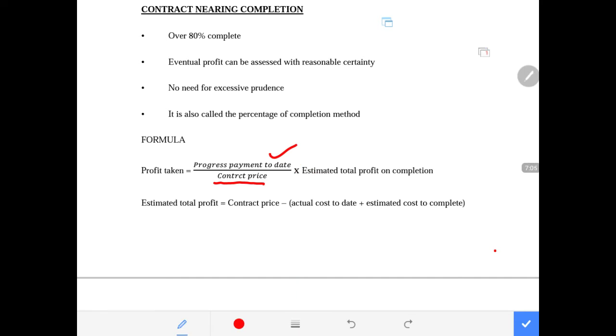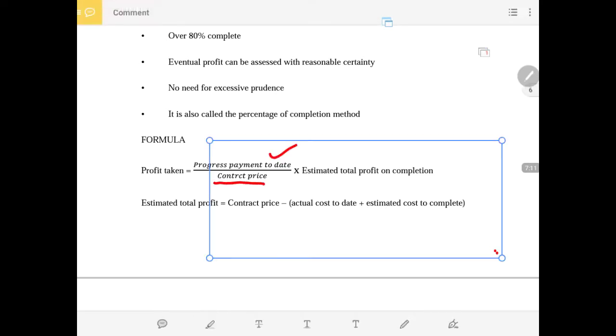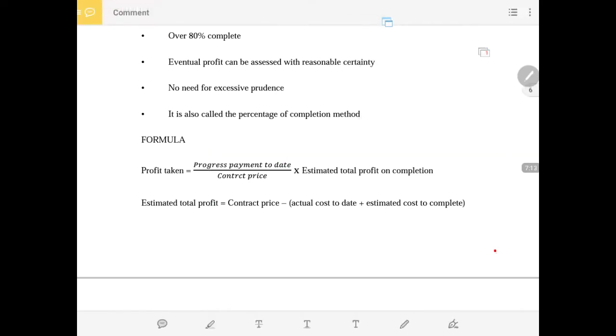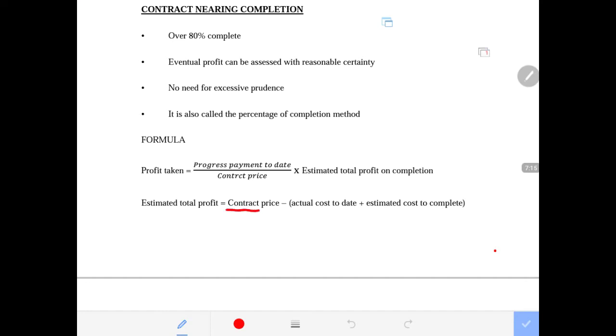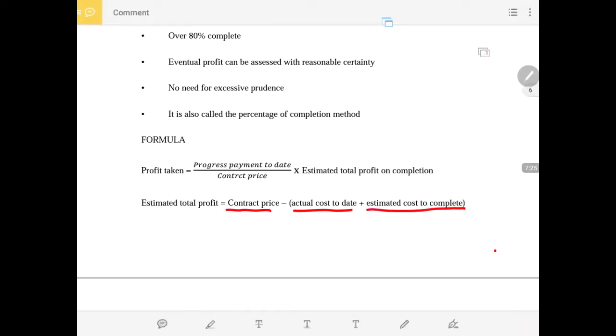Then the estimated total profit on completion must be calculated. It is the contract price deducting the actual cost incurred up to date, together with the estimated cost to complete the project. So we also need to calculate that estimated profit.